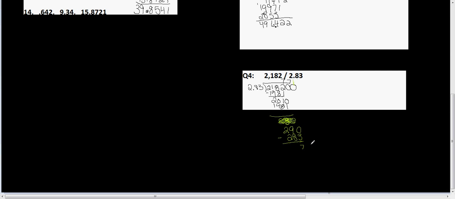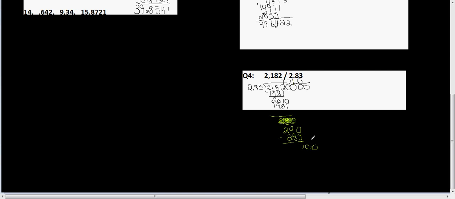Now, I'm going to go back to the black here. This was 1. We're going to have to drop a 0. Add a 0 down here. But you're going to know 283 is not going to go into 70. So put another 0 in. Now we're going to have 700 and we will find that 283 can certainly go into 700.